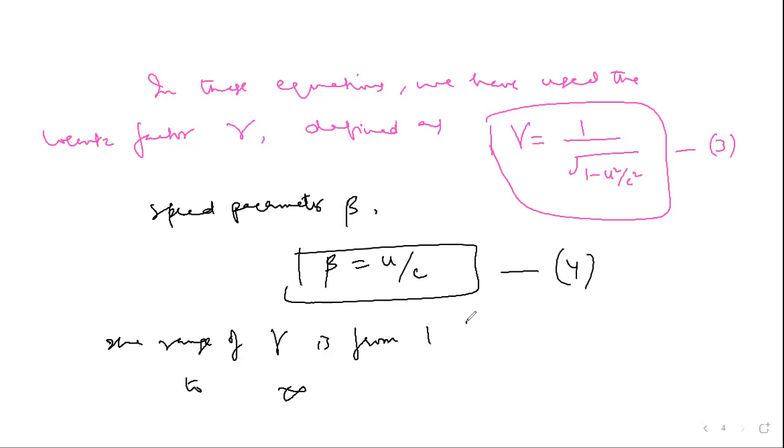And gamma is 1 at low speed, where u is much less than c, or beta is much less than 1.